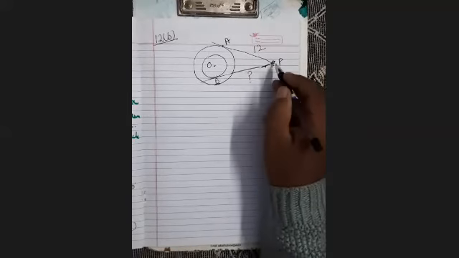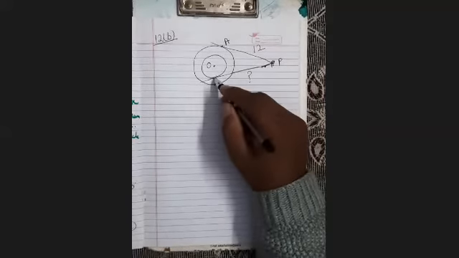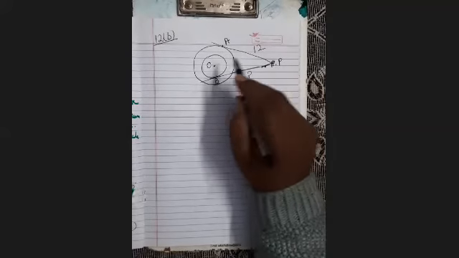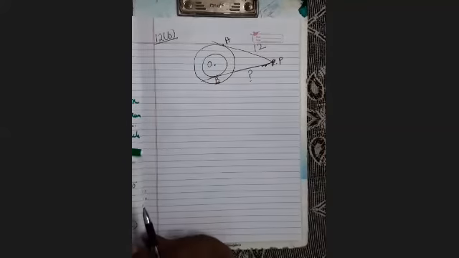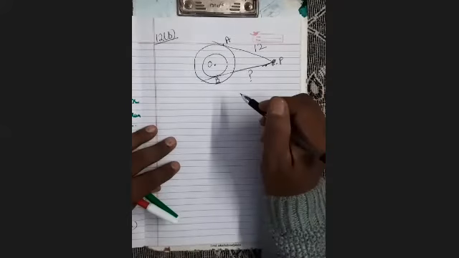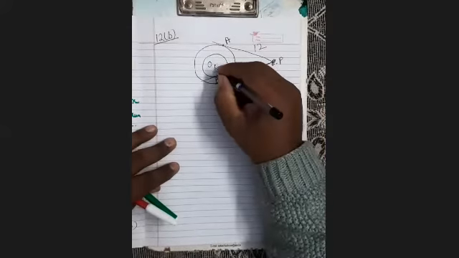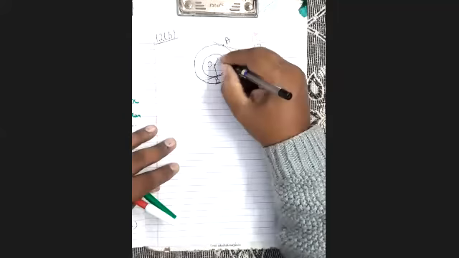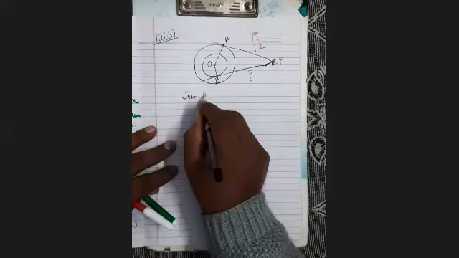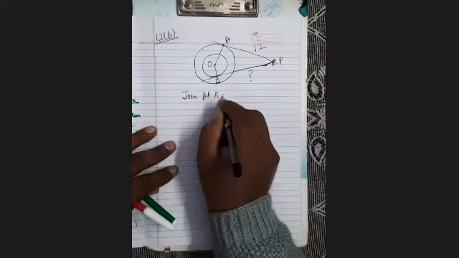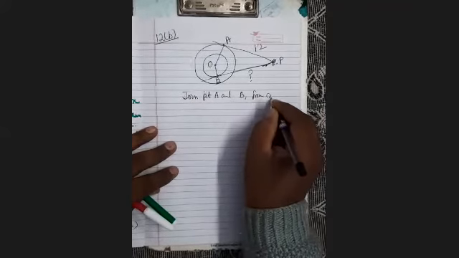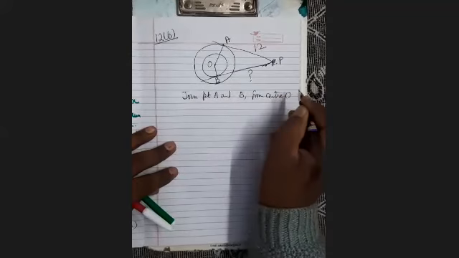So see here. Now AP and BP will not be equal because they are tangents from the same point but not on the same circle. One tangent is on the bigger circle, the other on the smaller. So you join A and B with the center O. It's clear.